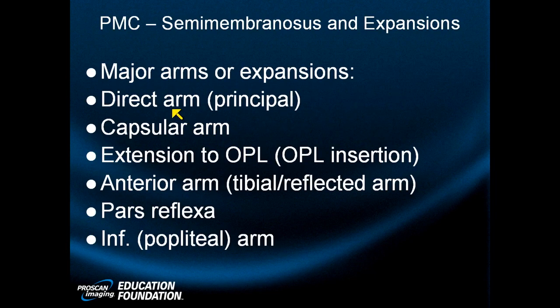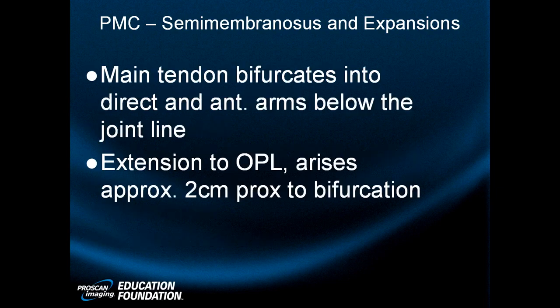We will get to see several of the arms, but not all of them, of the semimembranosus tendon expansion, and you have seen a few of them. You've already seen the pars reflexa and the principal or direct arm, which is the big, thick insertion on the back of the tibia. The main tendon is going to bifurcate into the direct and anterior pars reflexa arms, and the other arms are of lesser importance to you since they're hard to see.